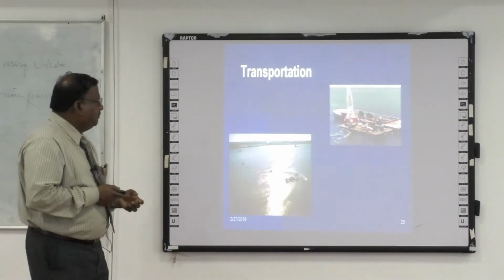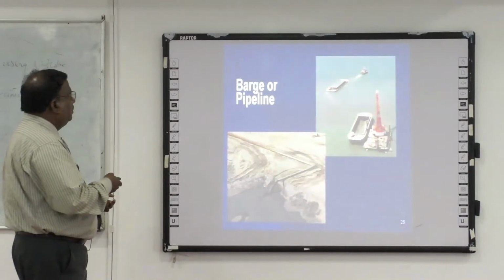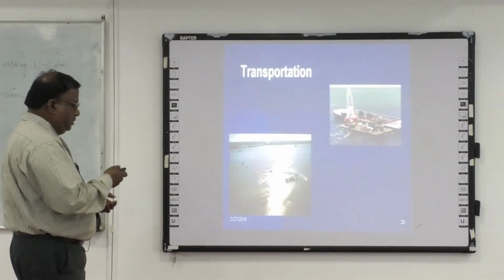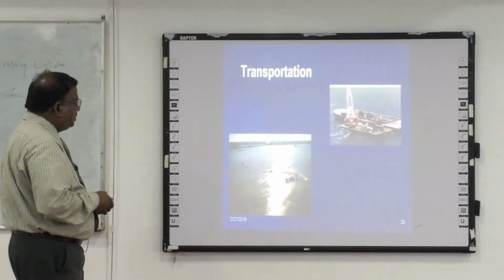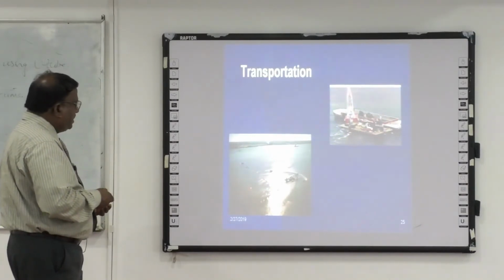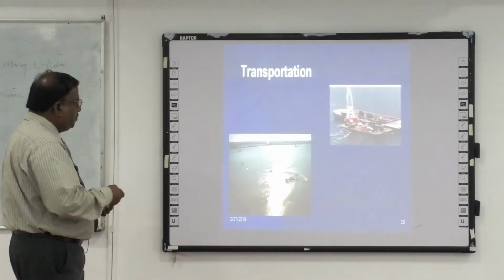For example, here the dredged material is transported through pipes, and here it is made a separate item so that it is classified and separated from the other open area.